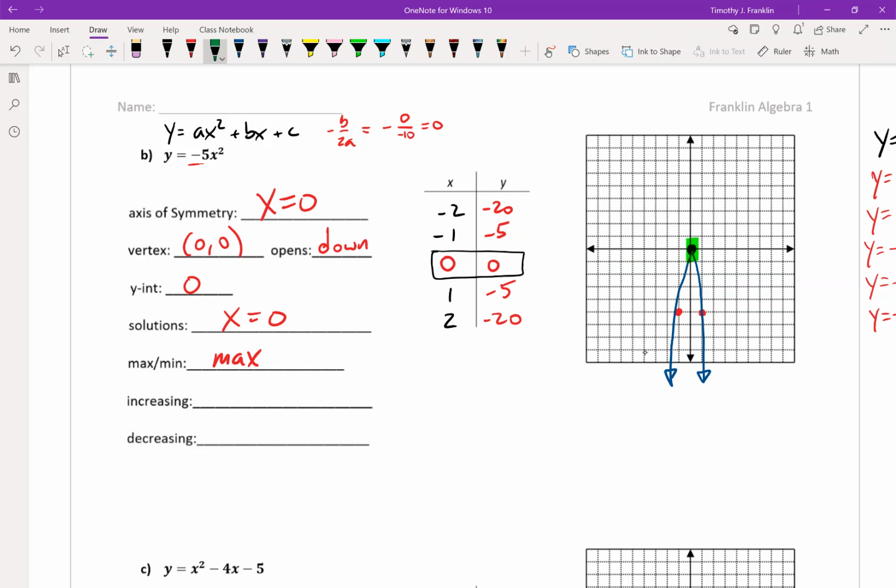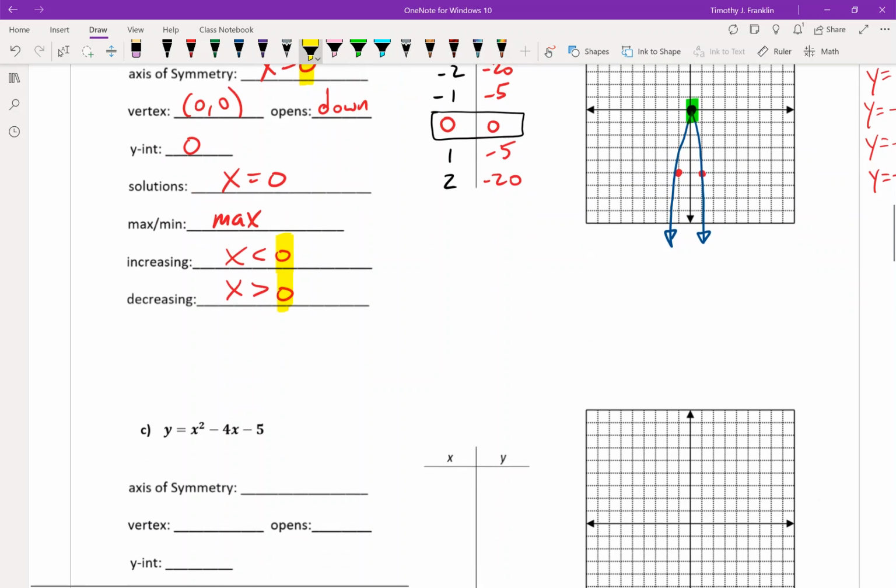And that means that our graph is increasing for values less than the AOS and decreasing after the AOS. So for increasing, that would be x is less than 0 and decreasing greater than 0. All right. And again, this number here is the AOS. That's where the graph changes from increasing to decreasing, right there at the vertex.